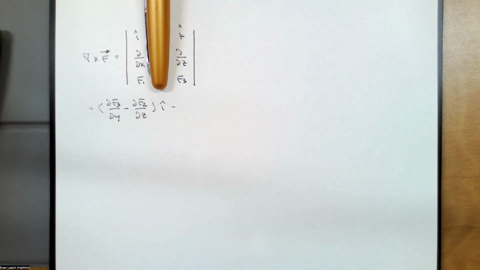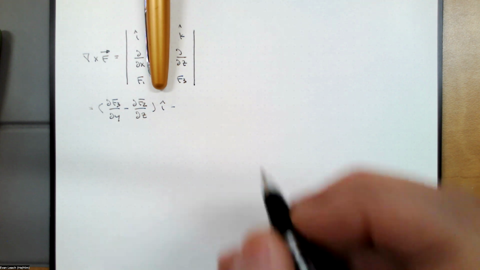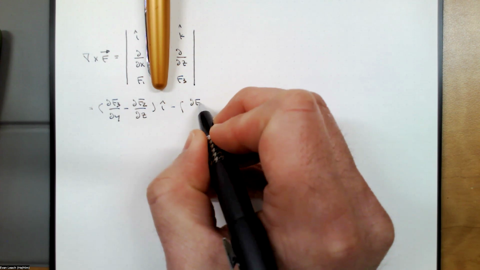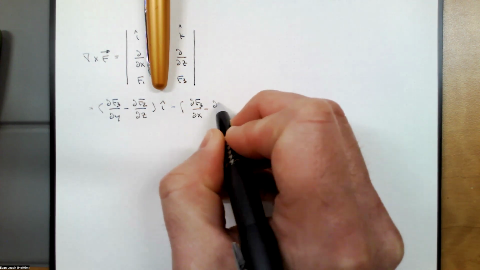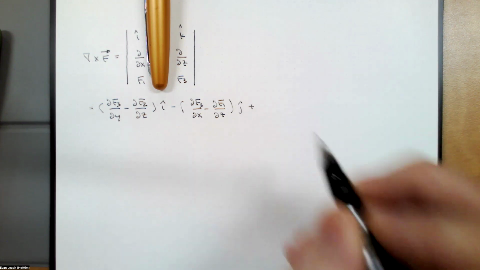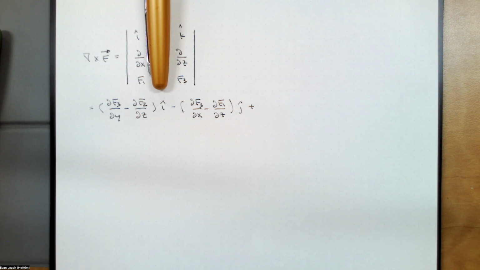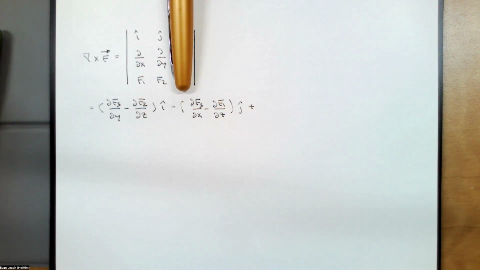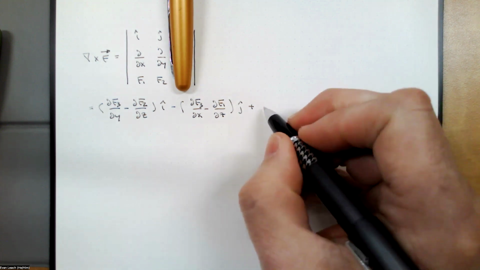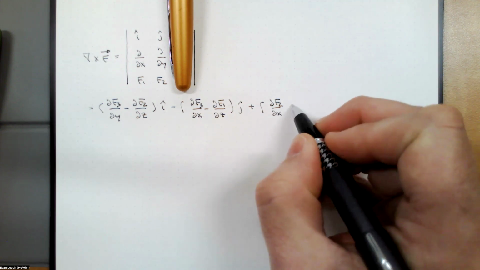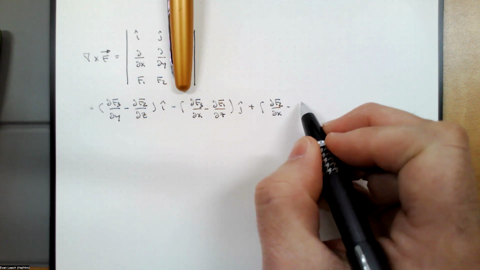We'll have the partial of F3 with respect to X minus the partial of F1 with respect to Z. Then for the K component, still calculating our determinant, we'll have the partial of F2 with respect to X minus the partial of F1 with respect to Y.